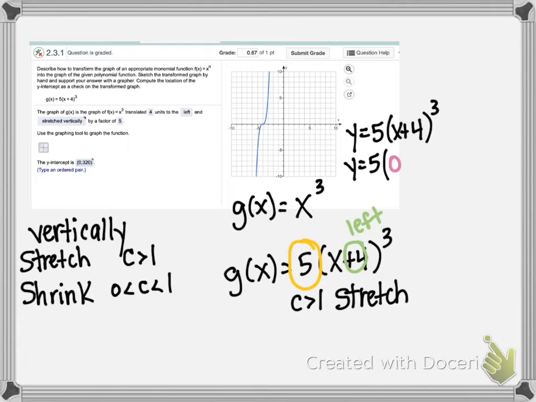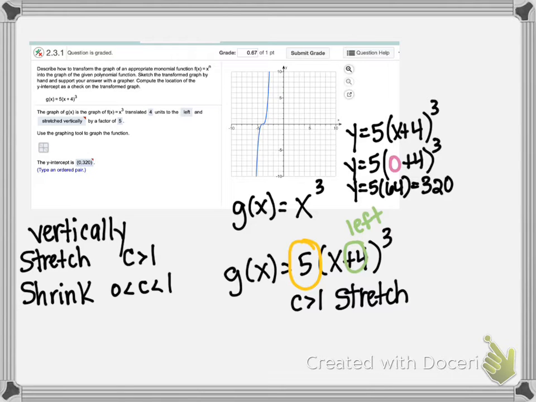For x, plus 4 raised to the third power. Well, we know that 0 plus 4 is still going to be 4. So 4 raised to the third power is actually 64. And then 5 times 64 is going to give you that 320.